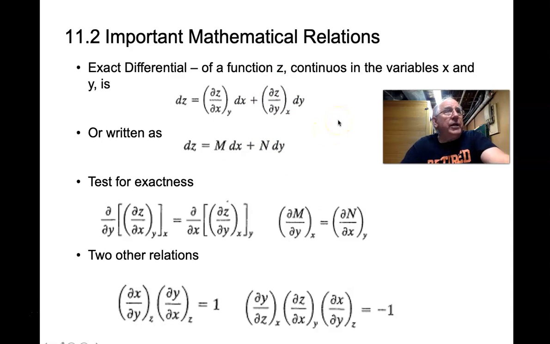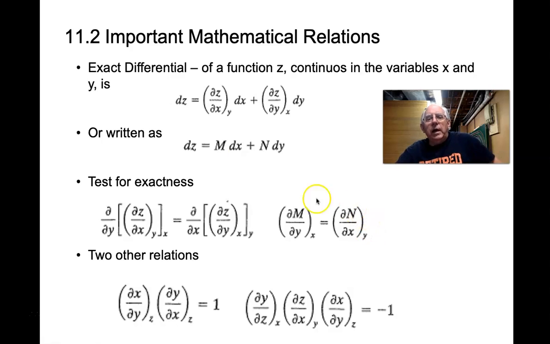Now, the test for exactness, whether or not this actually is an exact differential, holds that the cross partial of each of the terms are equal to each other. Or another way of saying that is the partial of M with respect to y at constant x is equal to the partial of N with respect to x at a constant y.